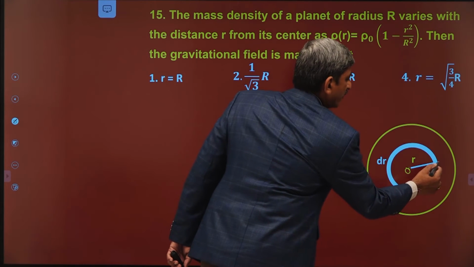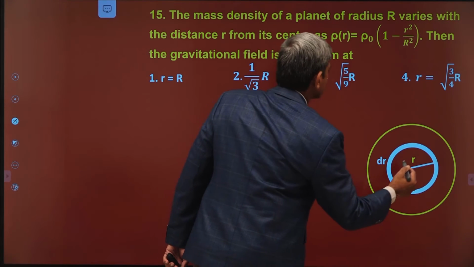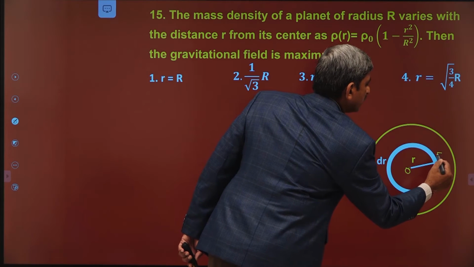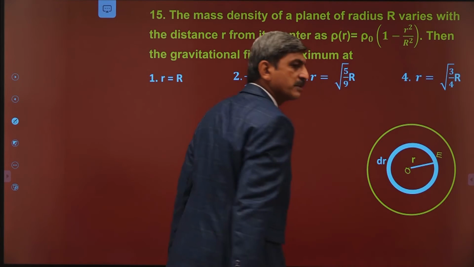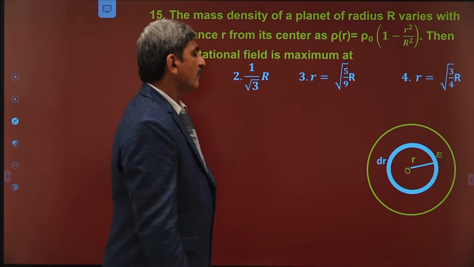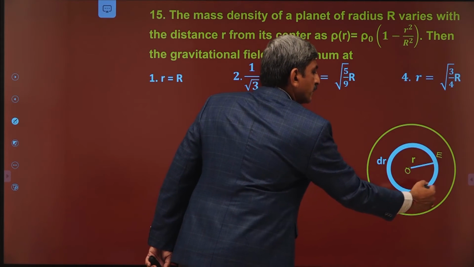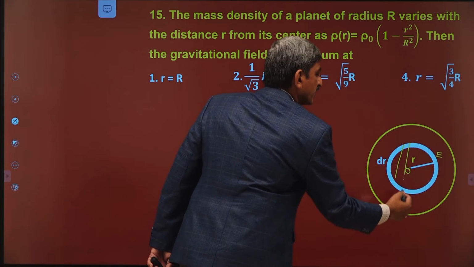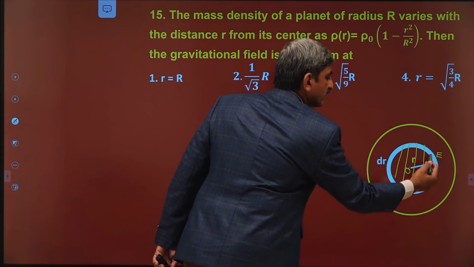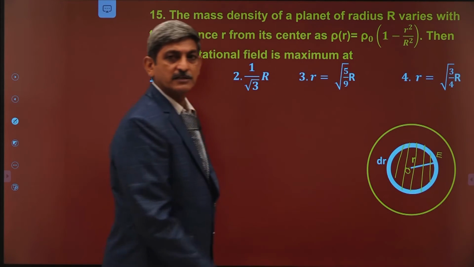Suppose we want to find the gravitational field intensity E at a distance r from the center. For that, we should know the mass of the planet inside this sphere.